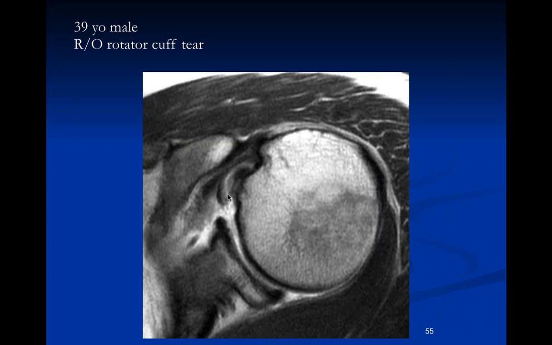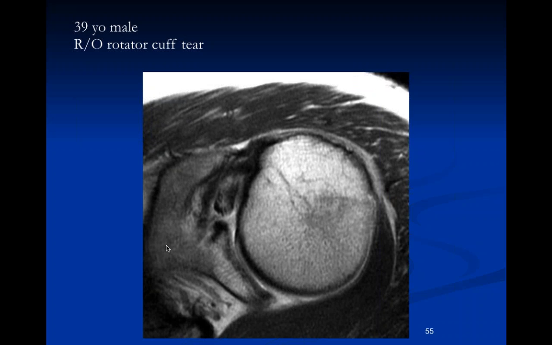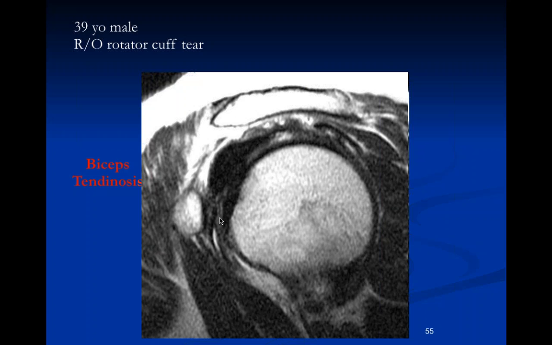This was the next cut up, and you can see where there is really entrapment of the subscapularis tendon here, and this is actually part of the transverse ligament that goes over the biceps tendon, and this location is actually almost impingement upon the biceps tendon itself in this internal rotation view. And he has got a lot of biceps tendinosis associated with that.